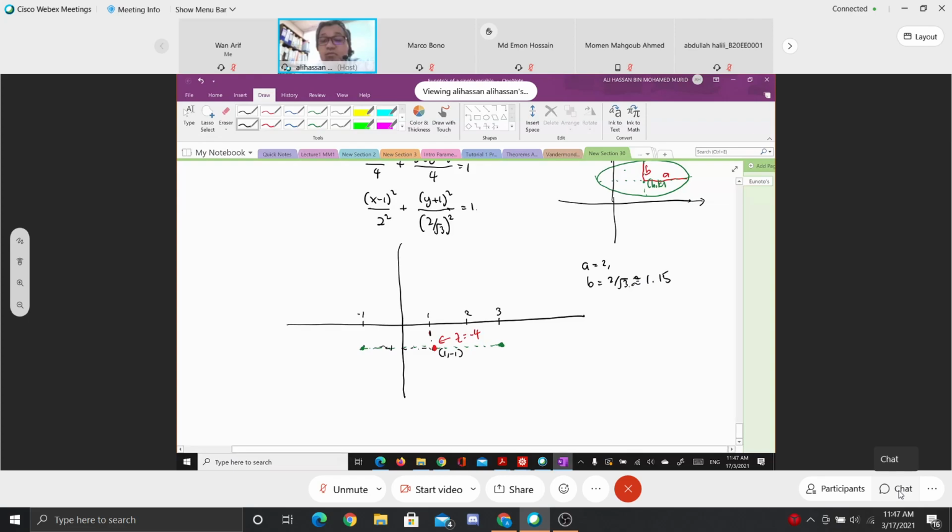So it is slightly above the x-axis, from here to here, something like this. So now we have enough information to sketch the level curves, something that looks like this. It's just a sketch, so it doesn't have to be so exact. But make sure your sketch looks like an ellipse, not like a circle.